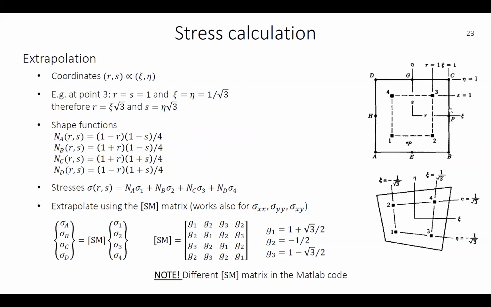So then we can express R as a function of xi, like this. And we define the shape functions in a similar format as before, but now as functions of the RS coordinate system, which is mapped to the integration point. And then we use those to extrapolate to the nodal points.